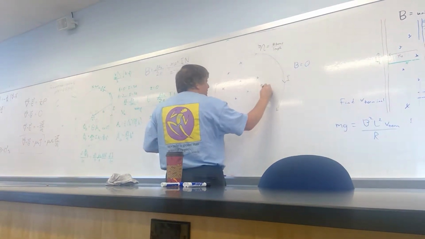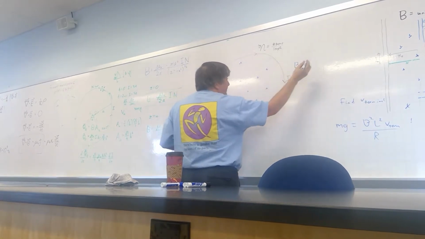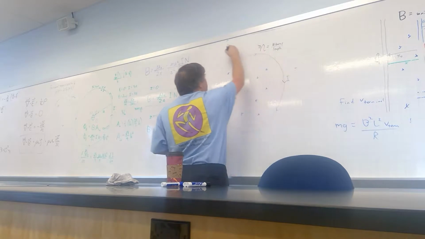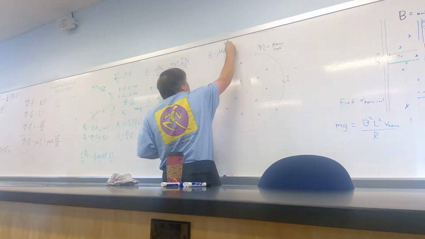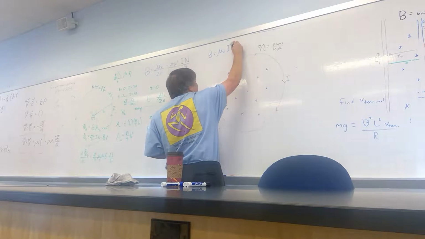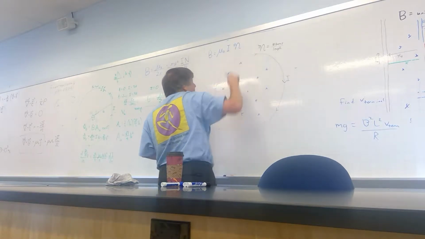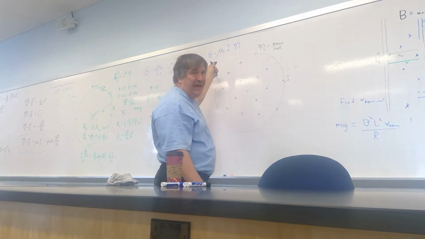So I've got a uniform B field inside here. How strong is that B field? What's the formula for it? There's N and there's the turns per unit length. Exactly. There's the number of turns per unit length, which I can either write as script N, or I could actually put just big N over L if I wanted to do that.